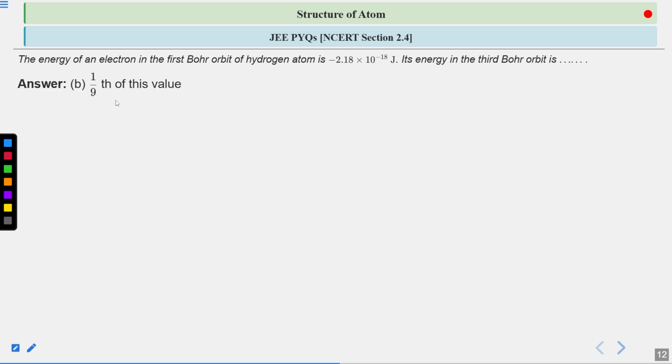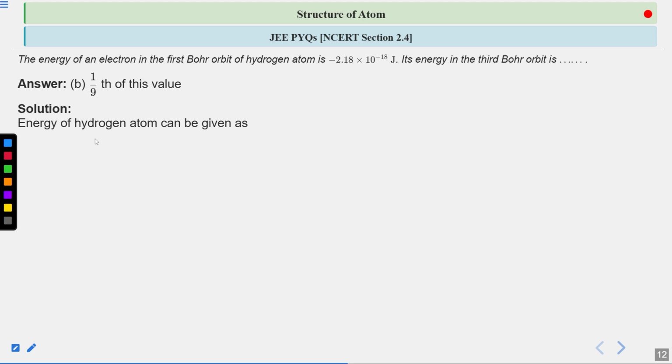The energy of the third orbit will be 1 by 9th of this value. Since you don't even have to calculate it, you just have to put the value of n and you will get your answer. First of all, you need to write the formula for calculating the energy of the hydrogen atom.